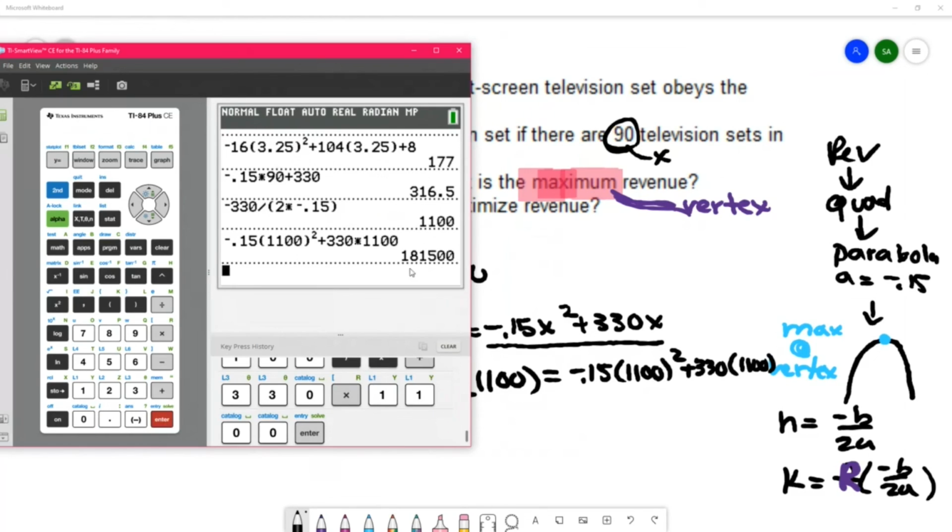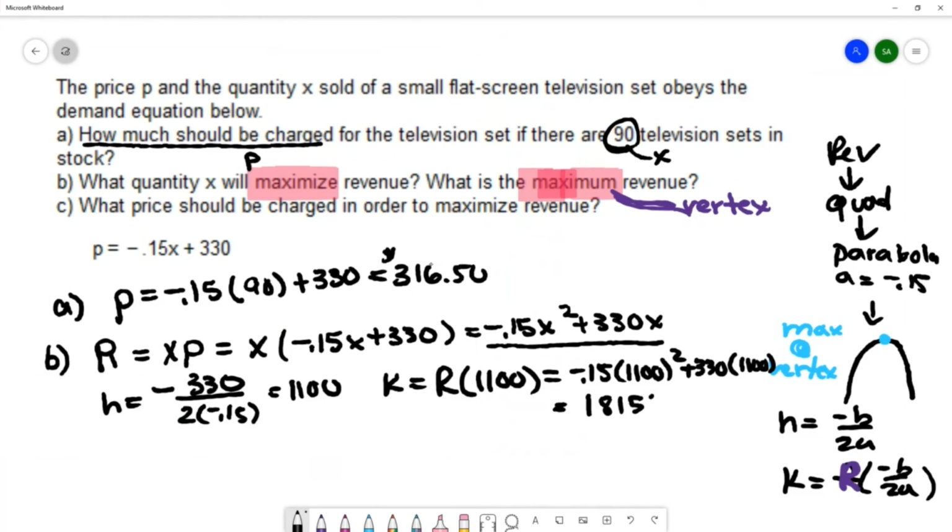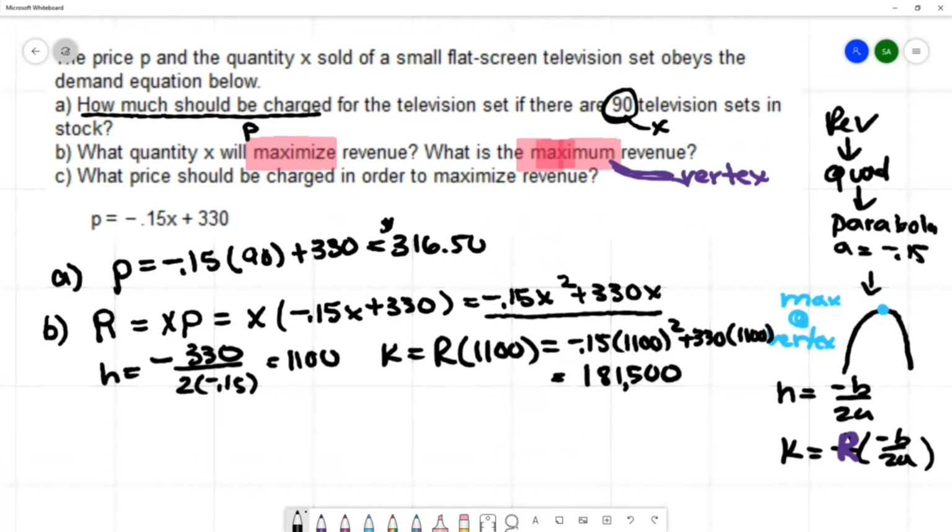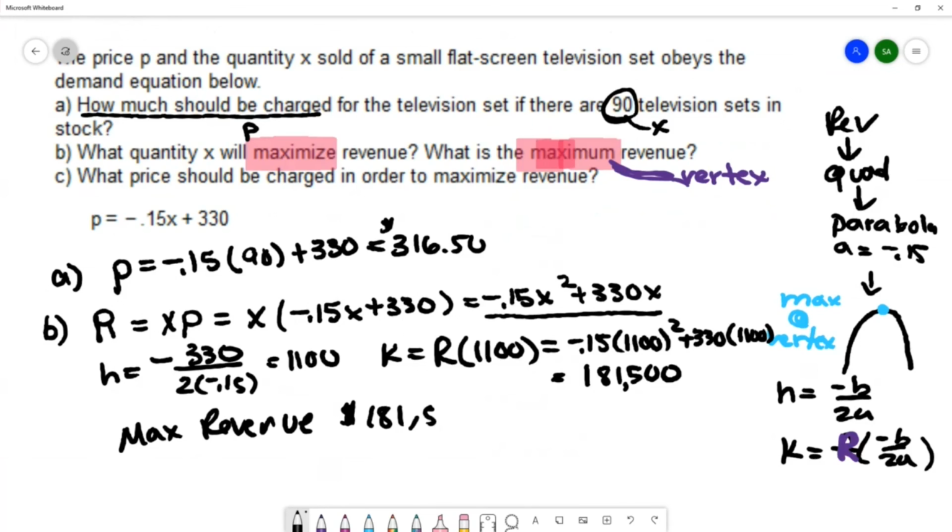And we get 181,500. So we can finally answer part B, and in part B we can say that we will have a maximum revenue of 181,500 by selling 1,100 TVs.